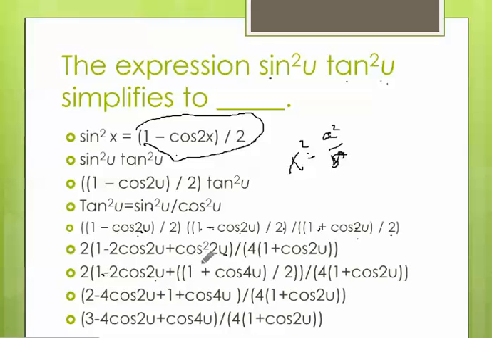But here I got another cosine squared, so I turn that into another 1 plus cosine over this. Okay? And when I multiply this 2 out through everywhere, I get this value here divided by the 4, and I wind up with 3 plus 4 cosine of 2u plus cosine of 4u divided by 4 times 1 plus cosine 2u. Worked out just fine. That's what it would simplify to. It takes a little bit of effort, but if you do it over and over and over again, it works fine.